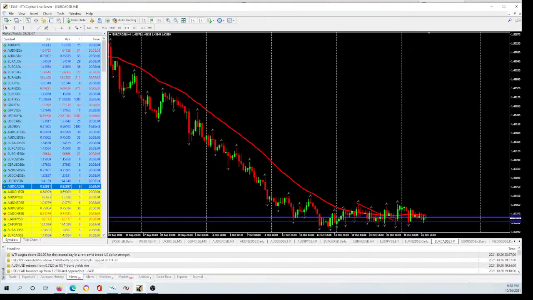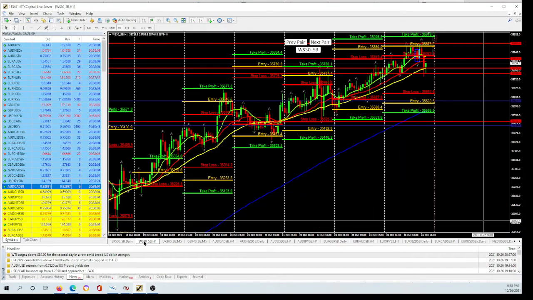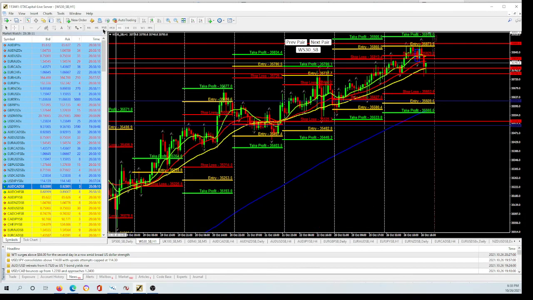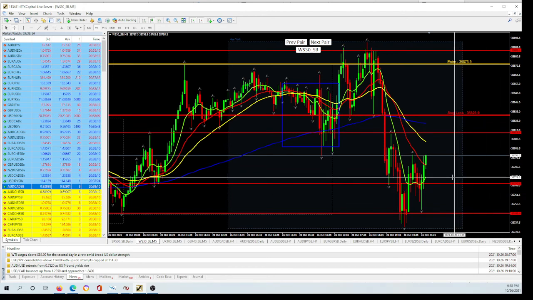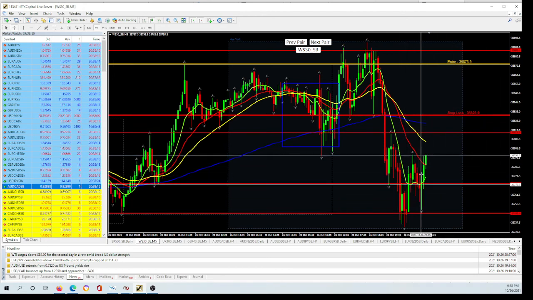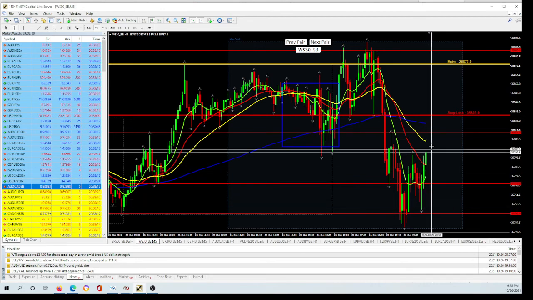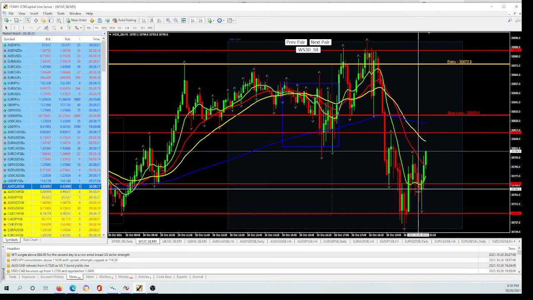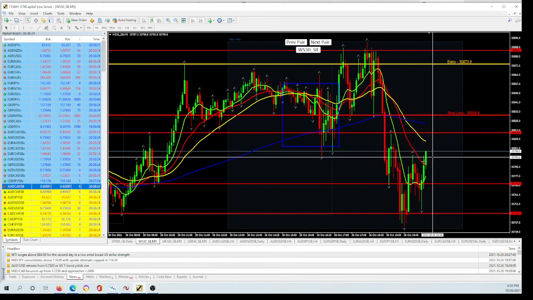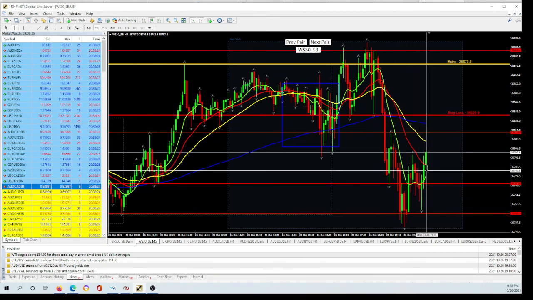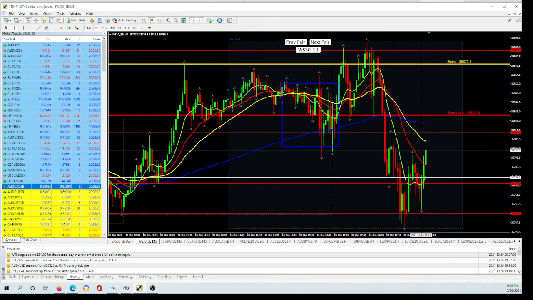As I told you, you can see the US 30 is here. What we were talking about, you can see I told you price is coming here and it's going there. You can see the buy candle, because there is a lot of volume. And how do you know that there is a lot of volume? These are the big candles, okay.